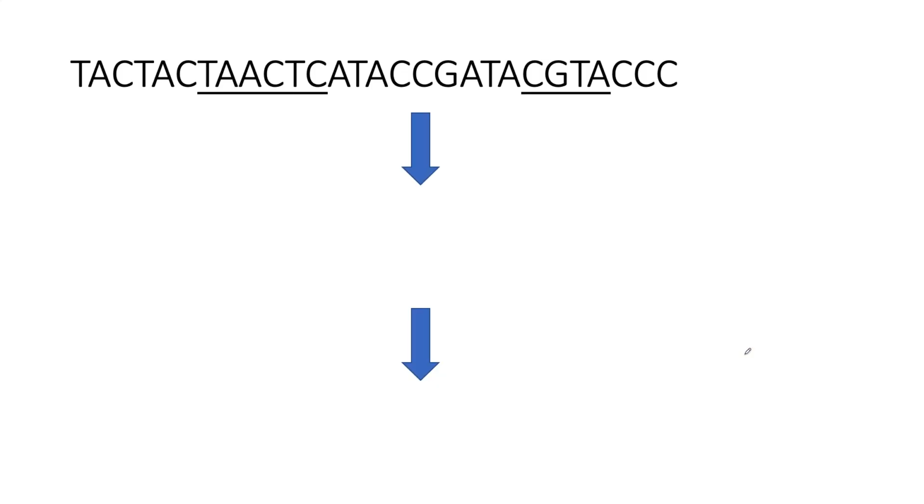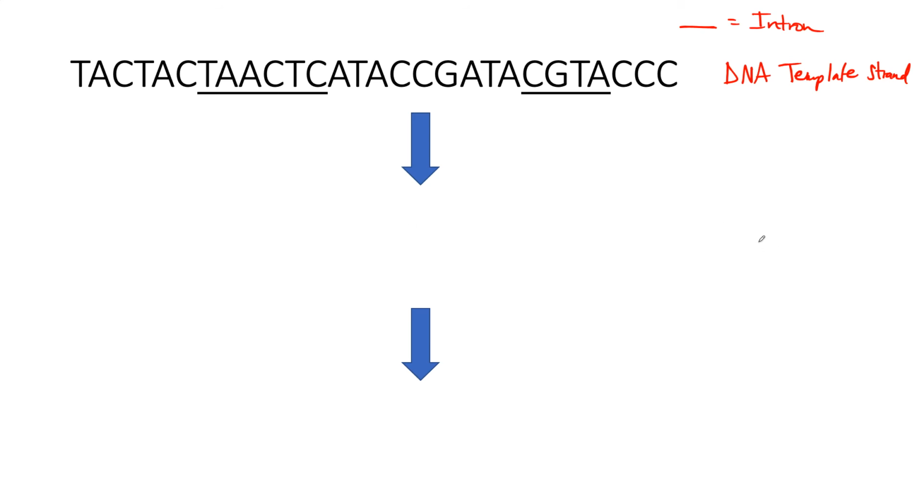We're going to practice our transcription at this point. So if this is the DNA template strand, then what I want you to do, so the underlined regions, okay, underline equals intron, and if it's not underlined, that equals exon. So what I want you to do is figure out what this sequence would look like.